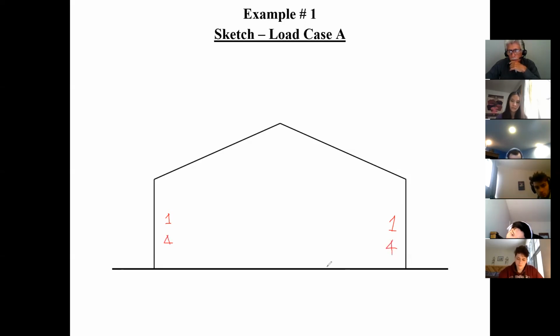Which one is correct? I have surface number 2 here, and I have surface number 2 here on the roof. And I have number 3, and I have number 3. Which one is correct? Does anybody have any idea?